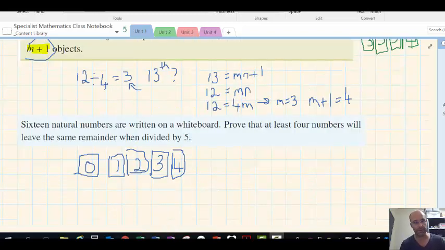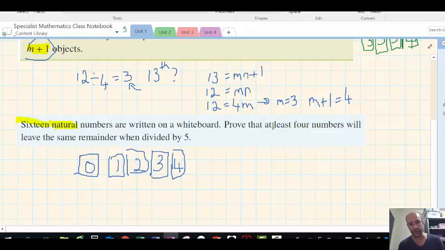Okay, so we've got 16 natural numbers in the next example, and we're excluding 0 from our count of natural numbers. 16 of them are written down, and prove that at least 4 will leave the same remainder when divided by 5. So for our so-called holes, we look at the remainders that are possible when dividing by 5, and there's 0 through to 4.